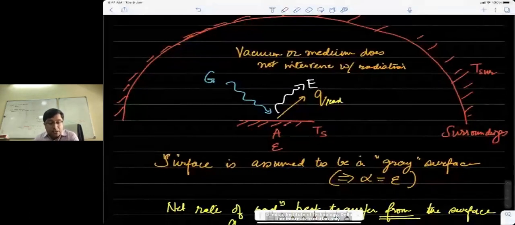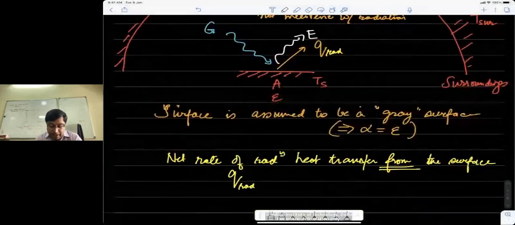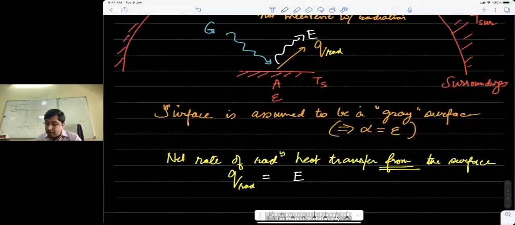But I also know that the surface can absorb this incident irradiation. So if I look at a basic energy balance on this surface, I can say that if Q radiation is the net rate at which heat is leaving from the surface, it should be the difference of what the surface is emitting minus what the surface is receiving. So what is the surface receiving?